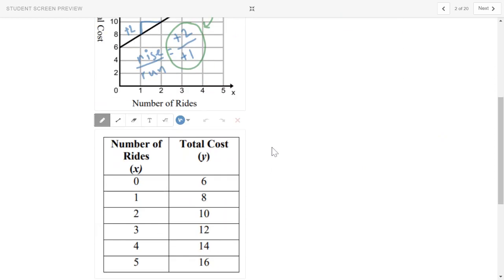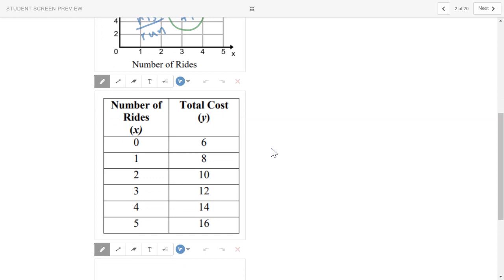Okay, so we're going to do the same thing with the table, and we should see the same slope because it's the same relationship. It's just a different representation. I suggest that you always start by looking at the change in x.